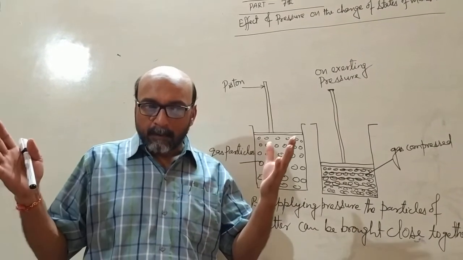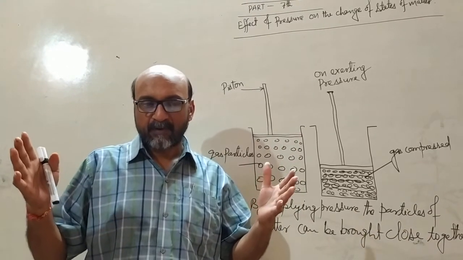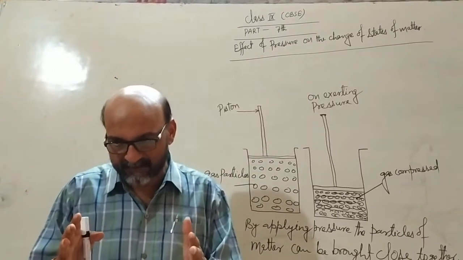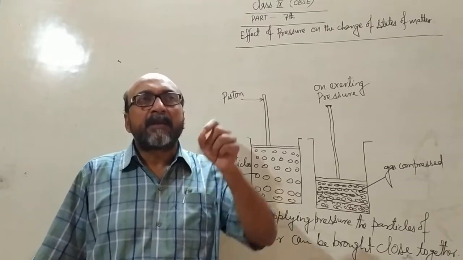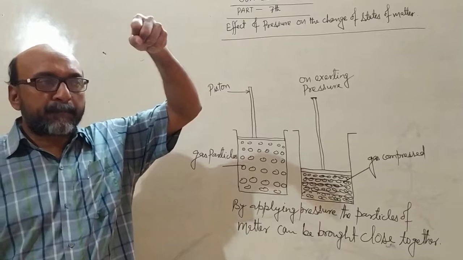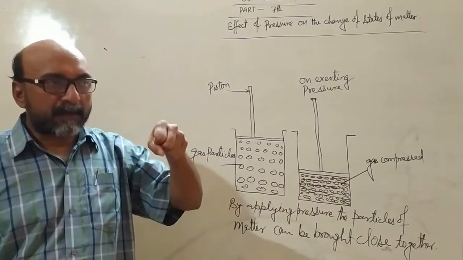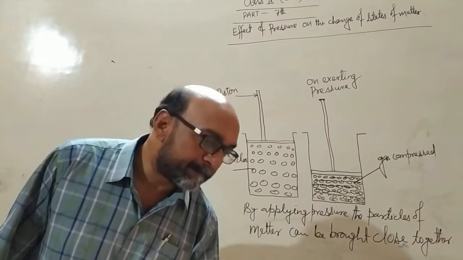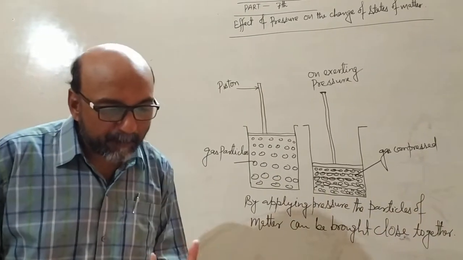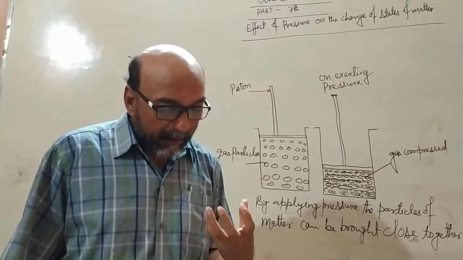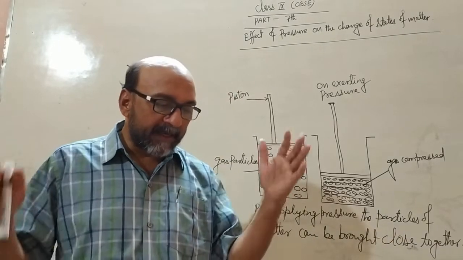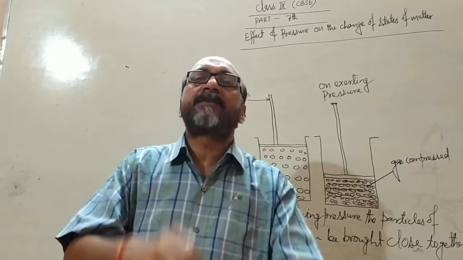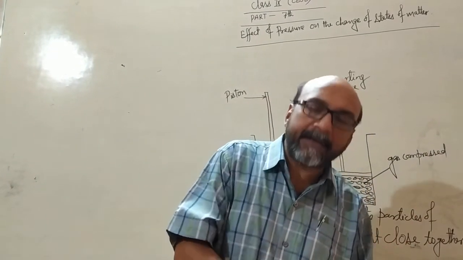It means we change both the factors, temperature and pressure, together. We increase the pressure, we exert the pressure on the particles of matter. Simultaneously, we decrease the temperature of the substance. So when we apply pressure and reduce temperature, the gases can be converted into liquids. That is, gases will be liquefied.